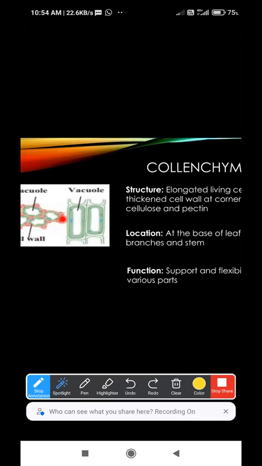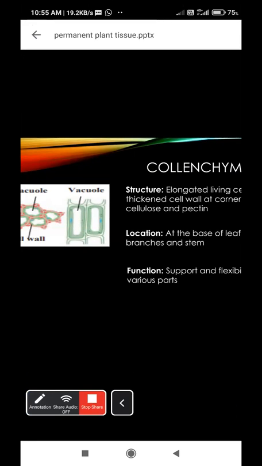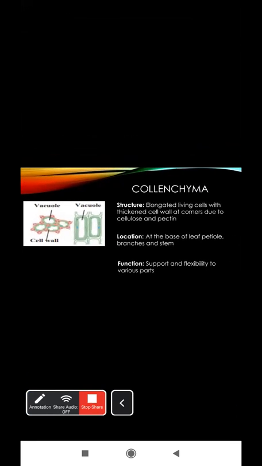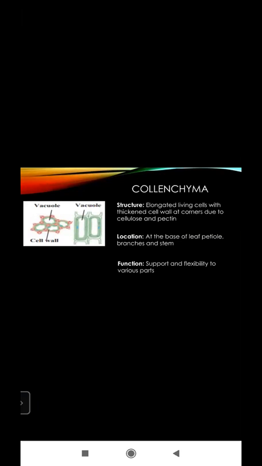At the corners of the cell, you can see this red color structure. That is the thickening of cellulose and pectin, deposition of cellulose and pectin, because of which the cell wall of the collenchyma becomes thicker. Usually, collenchyma cells are present at the base of the leaf, petiole, and branches and stem.